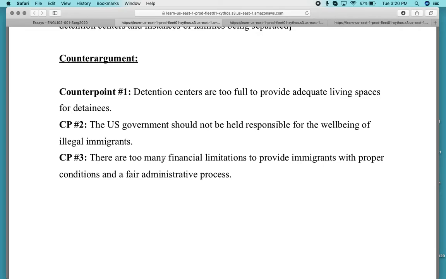So my counter argument here, in my sample essay about fair rights for immigrants and fixing the problem of detention camps at the border, isn't going to argue that these camps are good or that immigrants should be detained, right?